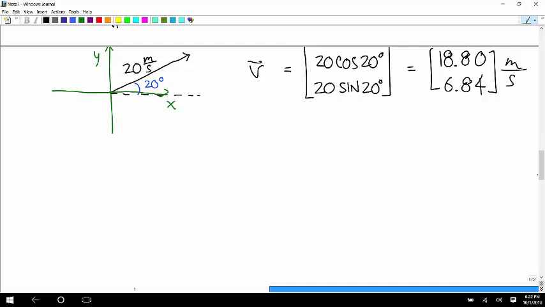Well, we haven't really done enough yet to calculate that, but all that's saying is at the instant it's launched, which you can imagine you would call your time equals 0, your initial velocity vector is 18.8, 6.84. The acceleration of gravity is going to be downwards at 9.81.